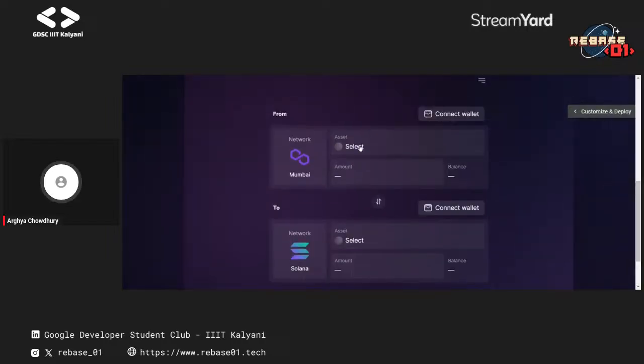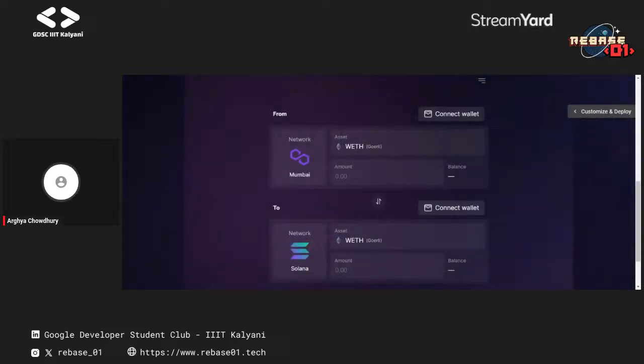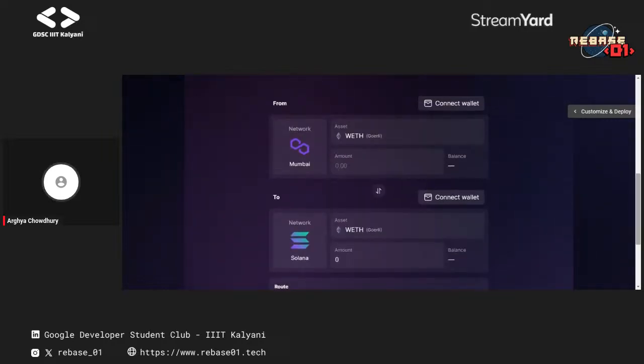Which asset now? Let's say, this is what I was talking about previously: Wrapped Ether on Goerli, as Ether is the native currency of Ethereum. If you are sending it on a Polygon blockchain or even the testnets, then of course it will be a wrapped Ether instead of the actual native token Ether. So you're sending wrapped Ether to wrapped Ether, from Mumbai to Solana.